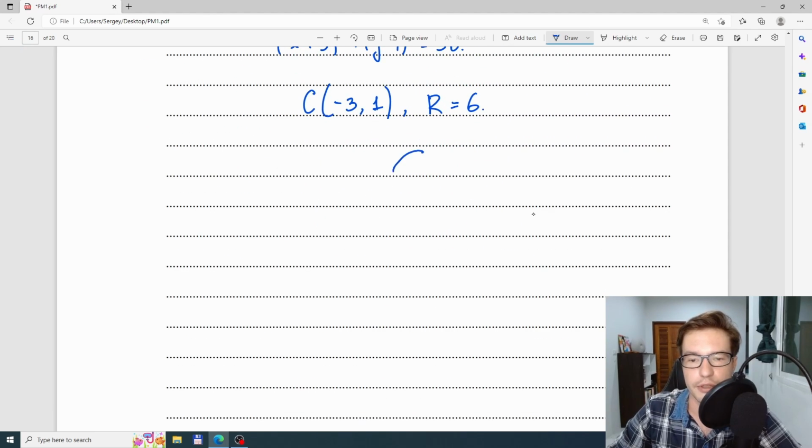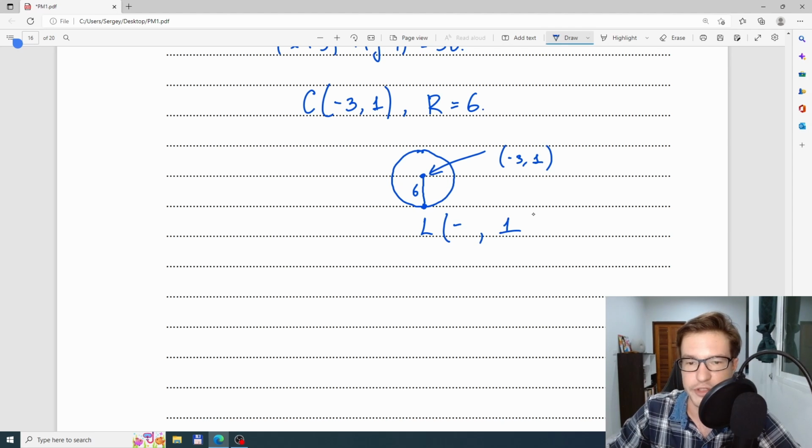Okay, let's draw the circle. Now this point is (minus 3, 1), and the radius is 6. And that's the lowest point of the circle.